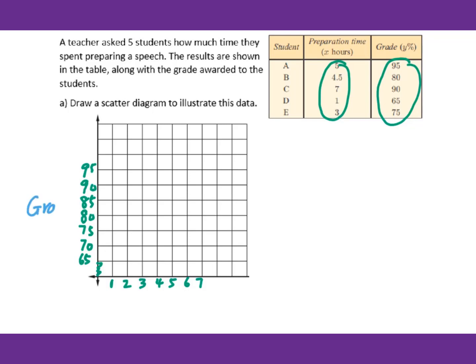This axis is the grade, and this one is hours. Now let's plot the points here. Now we have finished drawing a scatter diagram to illustrate this data.